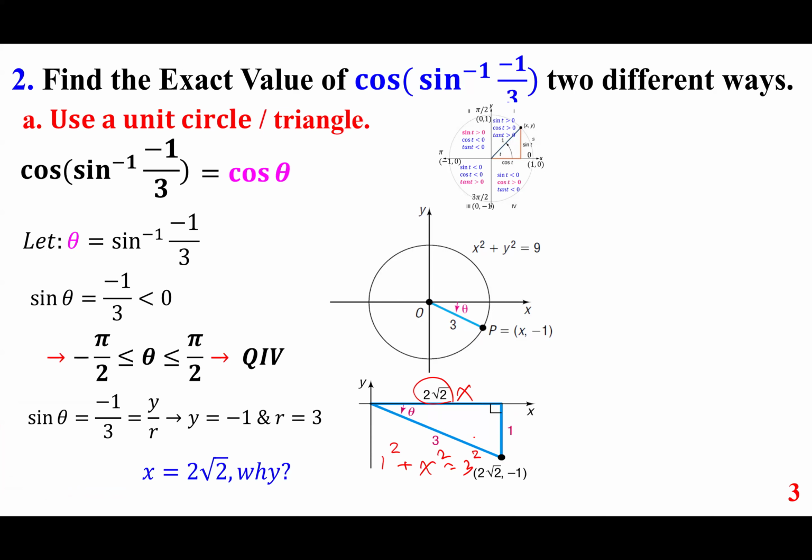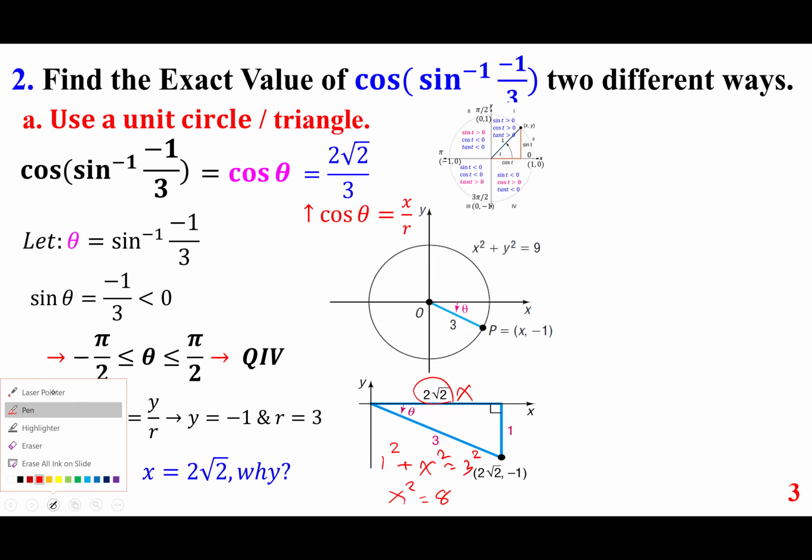If you work this out, x squared becomes 8, x becomes 2 square root of 2. And so cosine theta is x over r, which makes it 2 square root of 2 over 3. So you could use a circle, not necessarily a unit circle in this case, and a triangle.